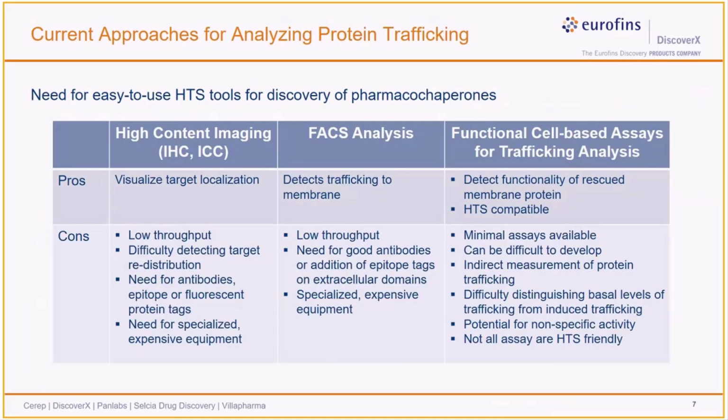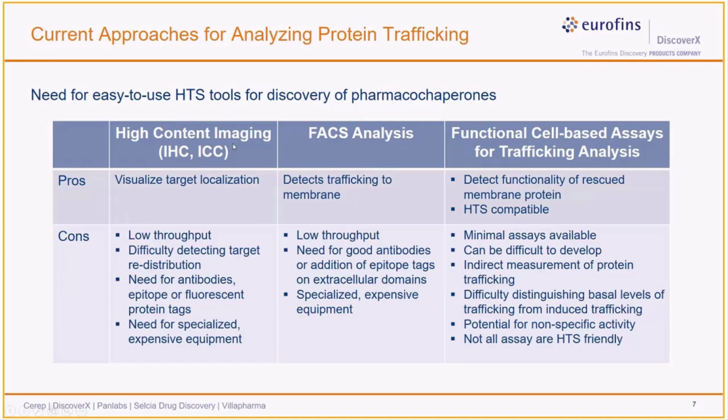All right, so before I get into the assays that come from Eurofins DiscoverX, there are several assays available that customers and researchers like you have been using as effective approaches for monitoring pharmacotrafficking. There are certain limitations for each method, which I'll go over. The first, and the most widely used, are these two on the left side.